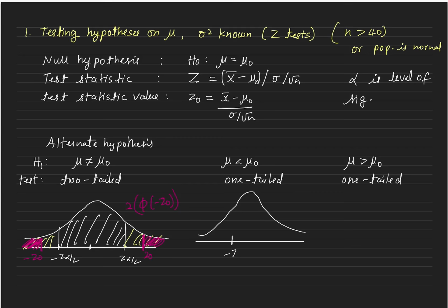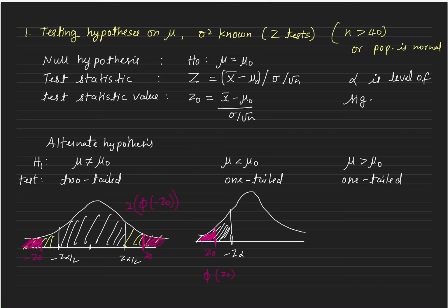We reject it if Z value lies in this region, otherwise we don't reject it. For instance, if Z value, whatever we find, is this, then p-value is this area, and p-value is phi of Z naught.